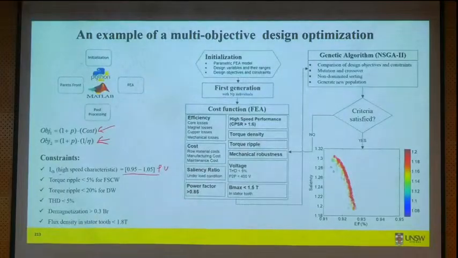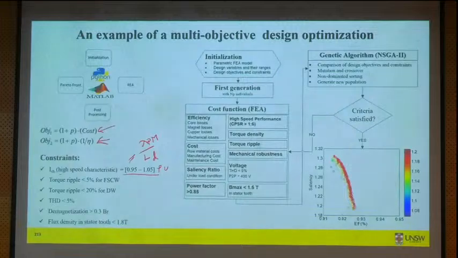So the characteristic current should be within this range, and characteristic current comes from your PM flux linkage and d-axis inductance. These two parameters vary as we change the geometry, but I put in the constraint that the ratio must always be within this range.